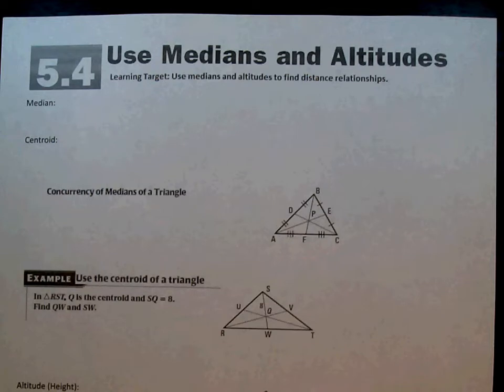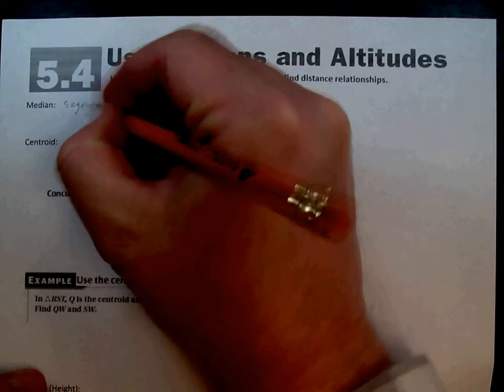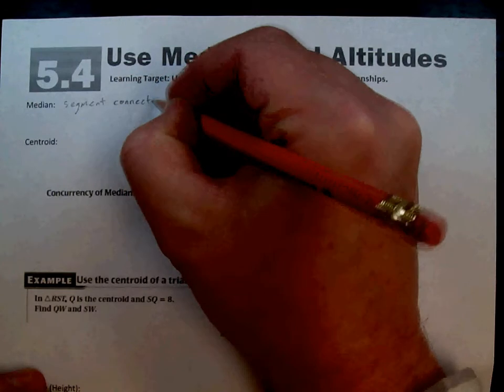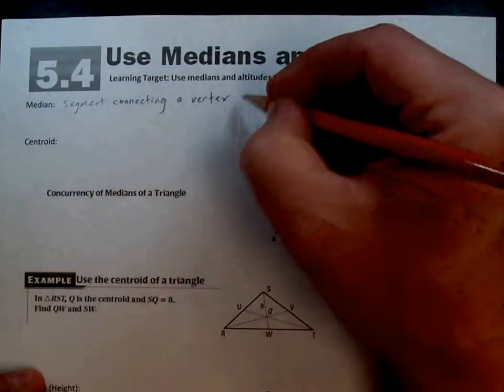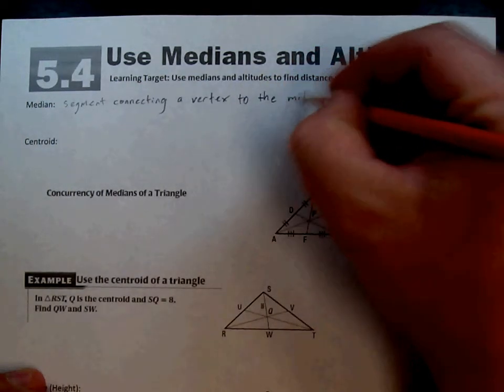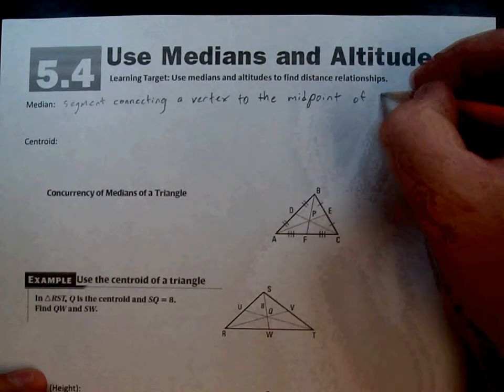Okay, we're going to take a look at medians and altitudes. A median is a segment connecting a vertex to the midpoint of the opposite side.